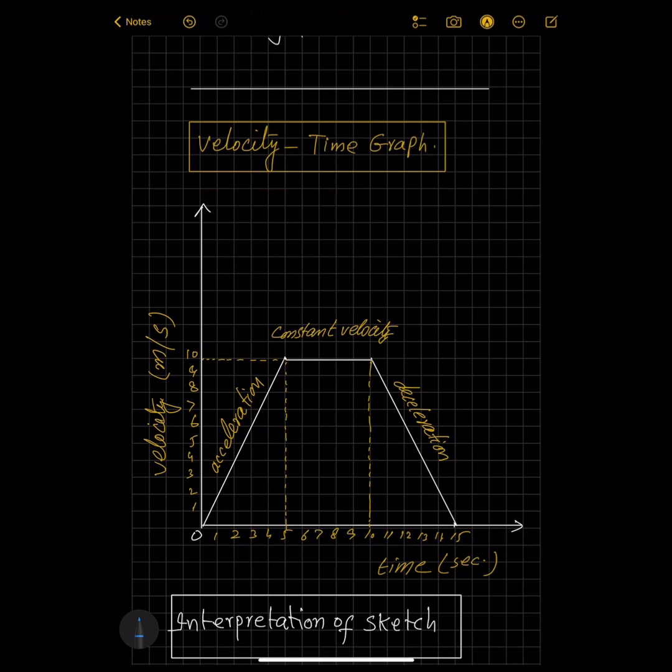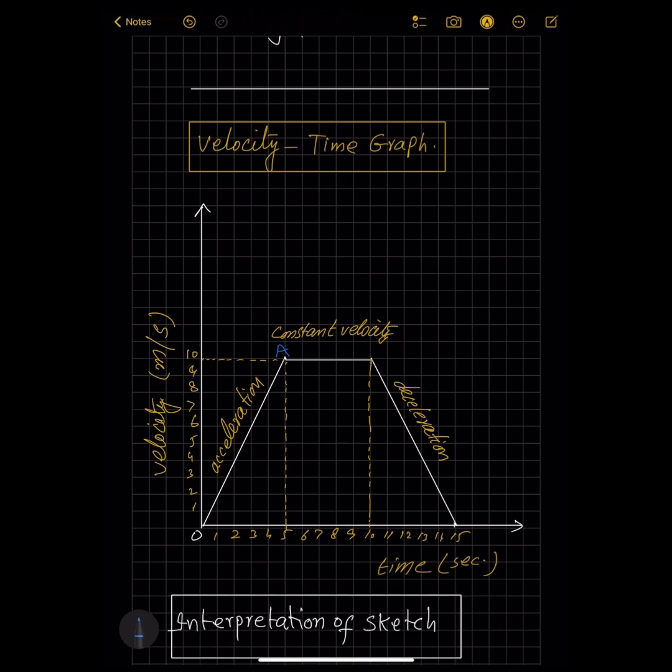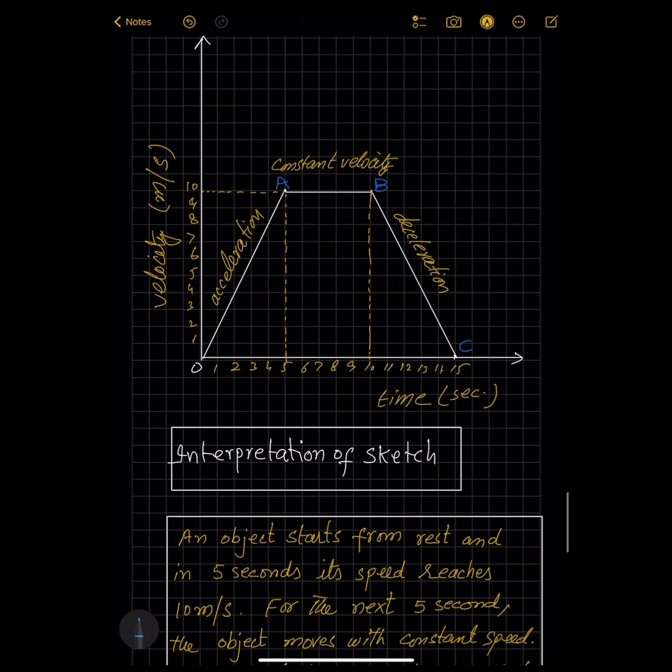Time जो है वो हम सेकंड में लेंगे और वेलोसिटी मीटर पर सेकंड में लेंगे. ये आप देख रहे हैं, ये यहाँ पे मैं रिप्रेजेंट करता हूँ ओ ए, फर्स्ट इंक्लाइंड लाइन ओ, this point is A, then horizontal line AB, then inclined line BC. First of all, we interpret the sketch of this.